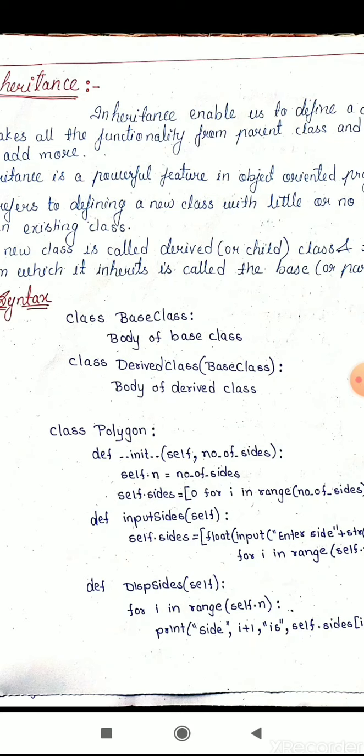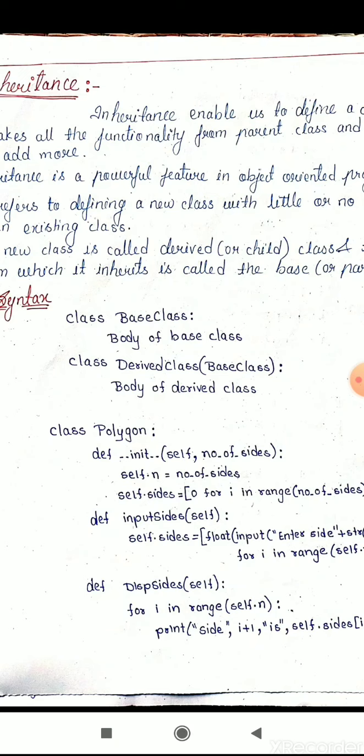So now I have defined a class named Polygon. In that I have defined the init method, with self and number of sides. So basically whenever I will be creating an object, while creation of the object I will be passing the number of sides to that object. So depending on the number of sides, it will be considered to be the object of a triangle, of a square, and likewise.